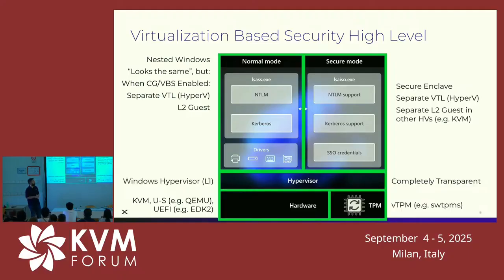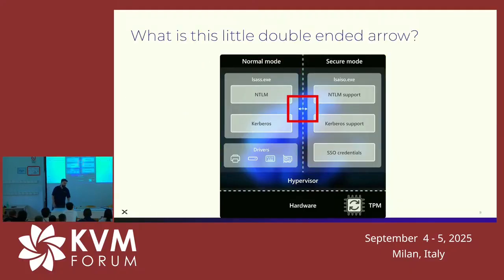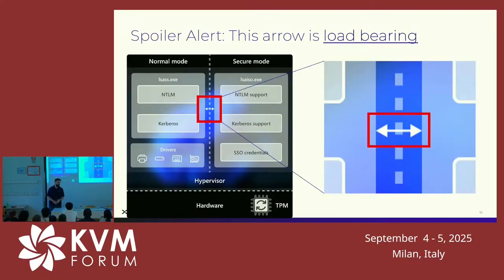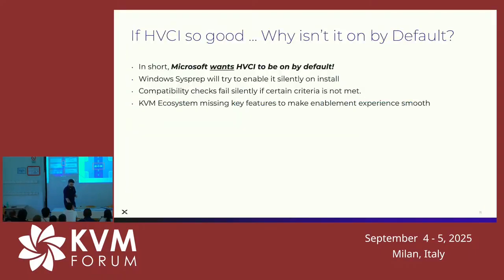And you're kind of none the wiser, which is great. The idea is that it is transparent and it just makes your system more secure and everybody's happy. But if you zoom in on this diagram, there's this little tiny arrow, which I'm sure those with a superhero vision in the back of the room can't see. So I'll kind of blow it up and say that this arrow in this Microsoft diagram is load bearing. They don't tell you it is, but it is.